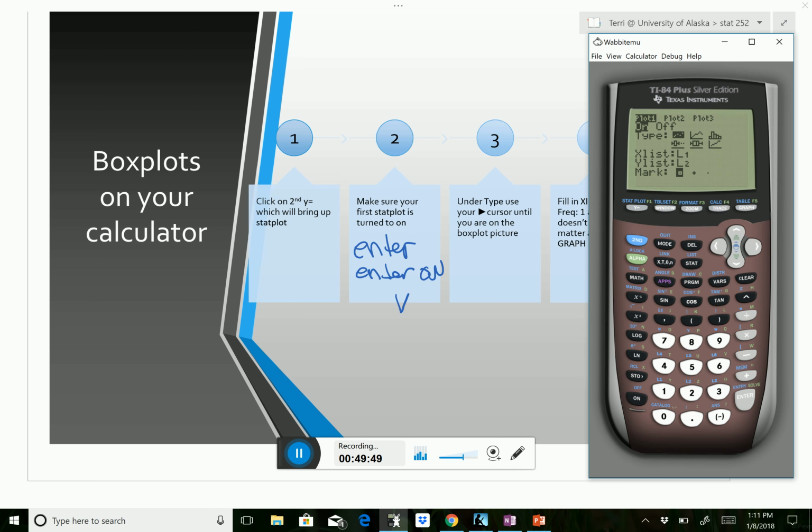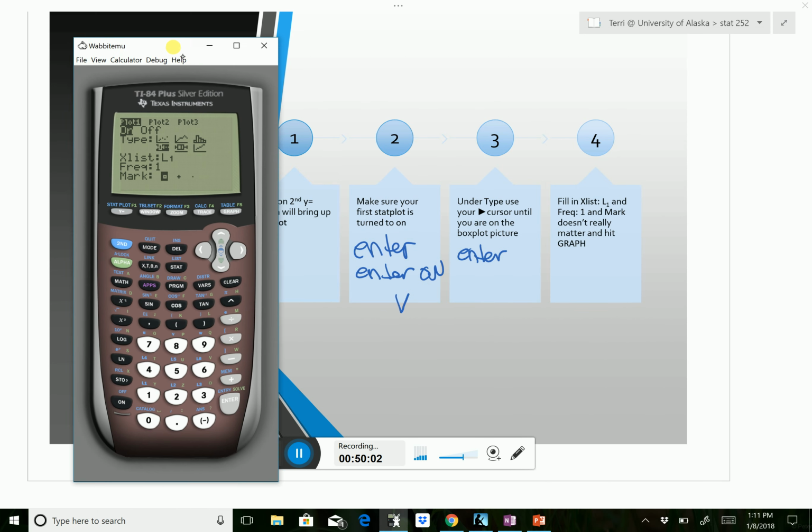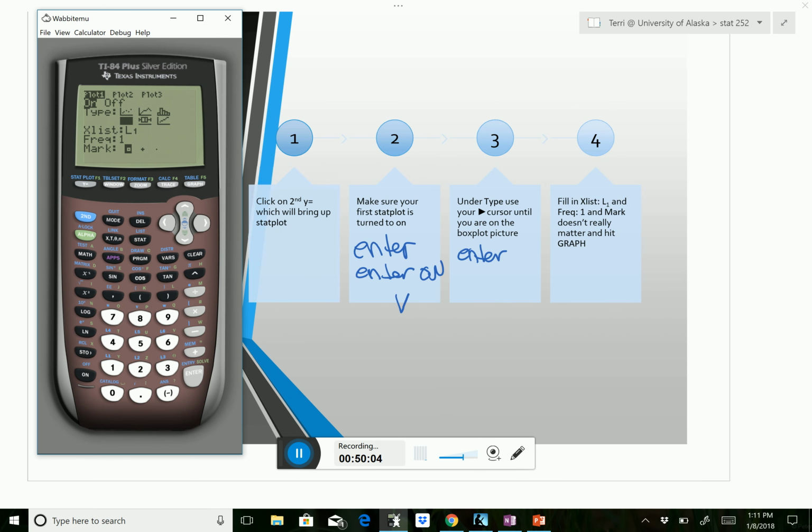I'm going to use the first one, so I hit enter, and don't forget to hit enter after this. Fill in X list is list 1, which is the default. Frequency 1. It doesn't really make a difference what mark you use. This one's fine. Now we just hit graph.